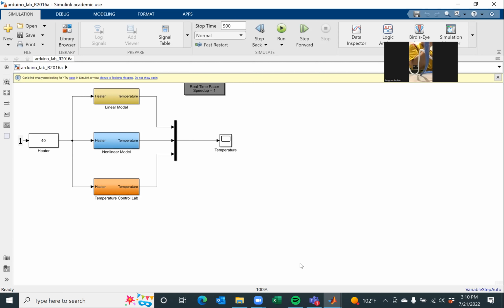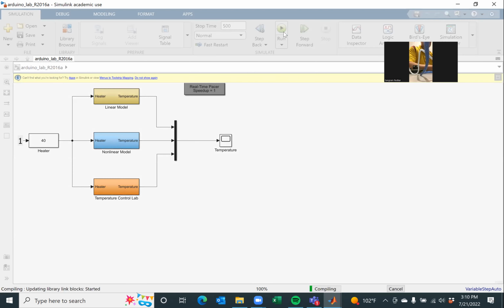Okay. Now what I want to do is, this is the lab. Before we do the control, I want you to run this lab just to make sure that everything is working.